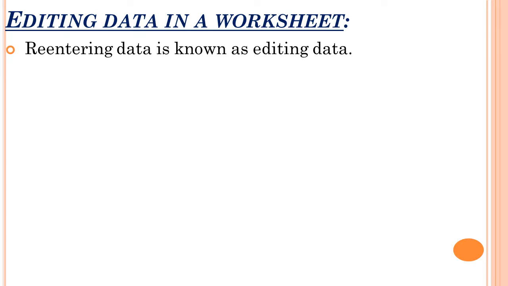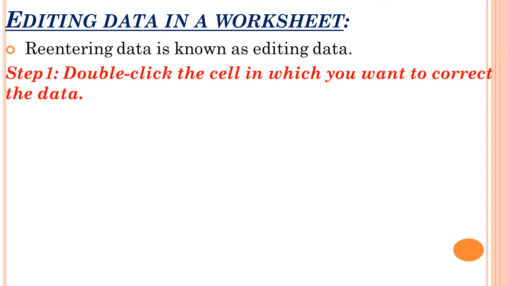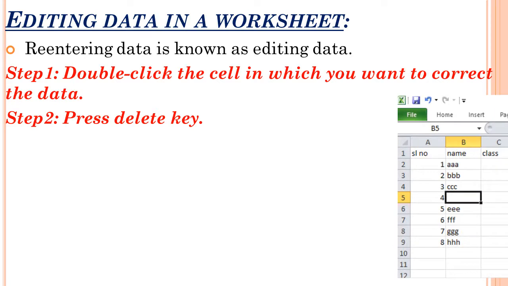First, some steps you need to follow to re-enter the data. Step 1, double click the cell in which you want to correct the data, using the mouse pointer. Step 2, press the delete key. If you press the delete key you can see this image, right? I have double clicked on this 5B cell and deleted the data in it, so you can see that cell is empty now.